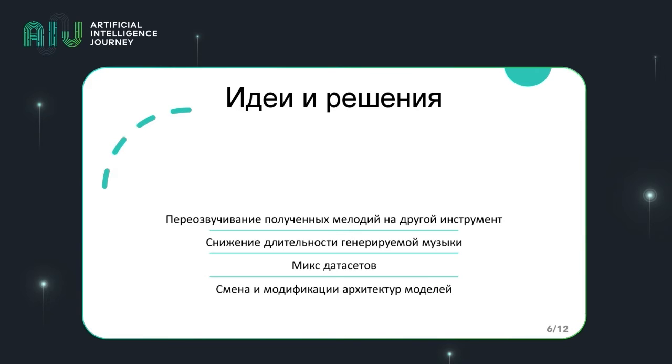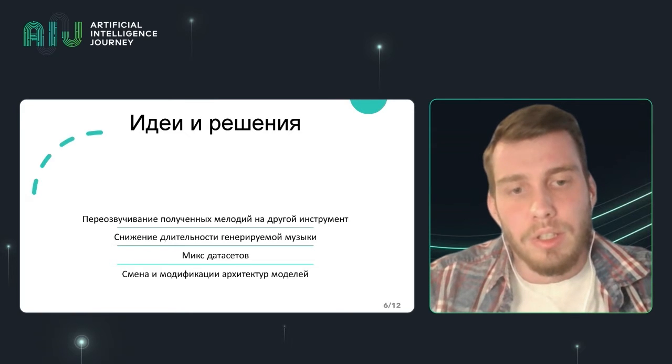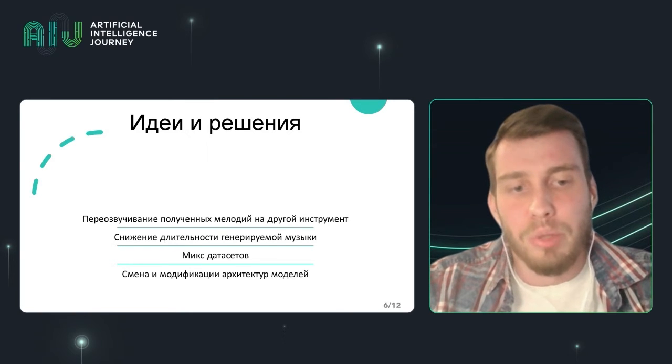Also, we had a theory that reducing the length of the music can help us increase the quality. But this was not confirmed, and I think we need to recheck it. Mixing compositions of different genres has actually helped us. We mixed great classics with Hans Zimmer and got some interesting samples.